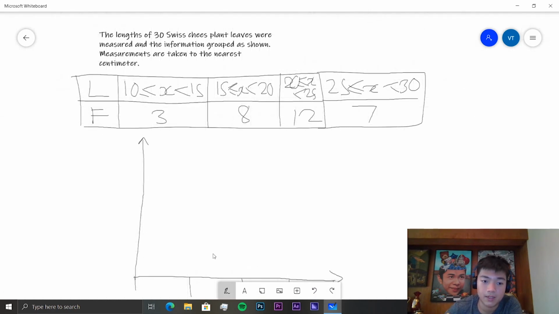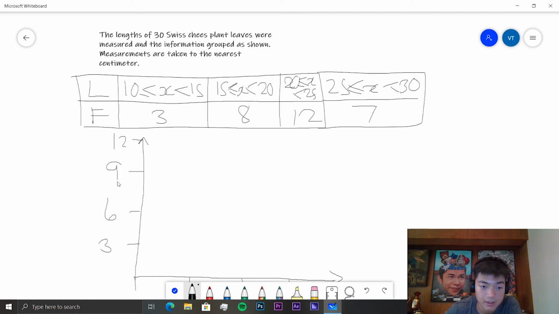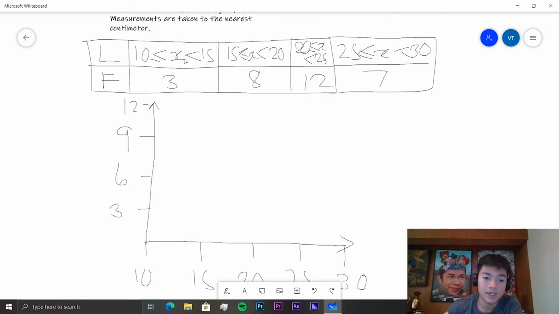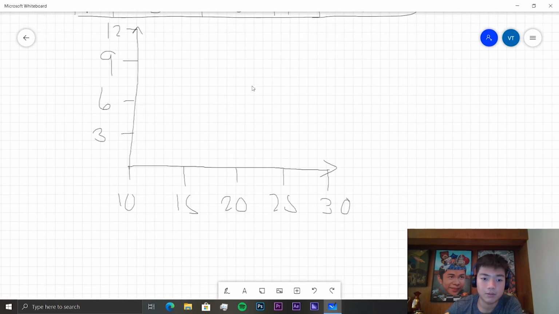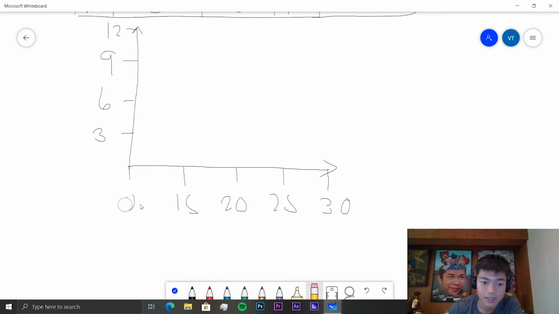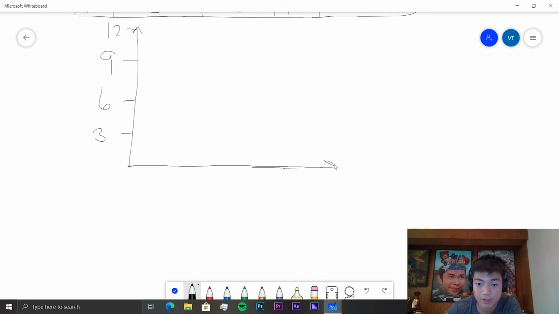Our maximum y value is 12 and our minimum is 3, so 12, 6, 3, 9. Since we're measuring to the nearest centimeter, we need to adjust the scale a little, because this is discrete data, so we actually need to include 9.5 in the measurement of 10.